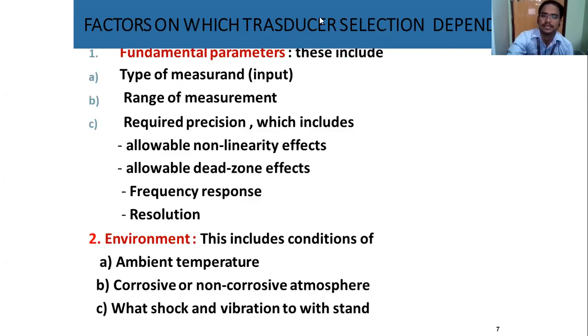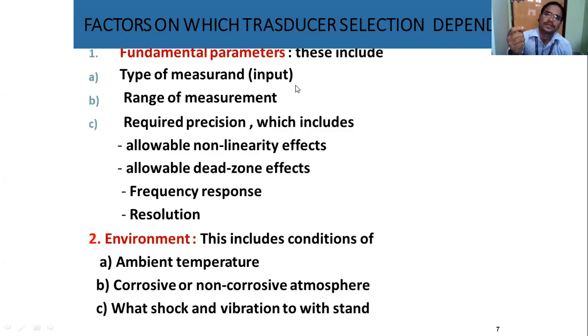Factors on which the transducer selection depends. This is an important point. First of all, we will discuss this, and then after, we'll go to the types of transducers. The topic: factors on which transducer selection depends. Fundamental parameters include the type of measurement, the type of input.